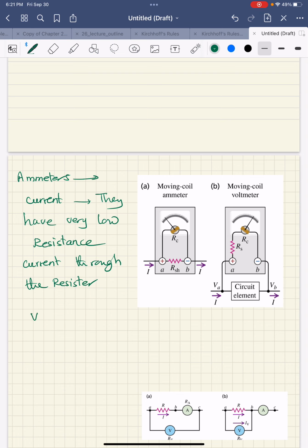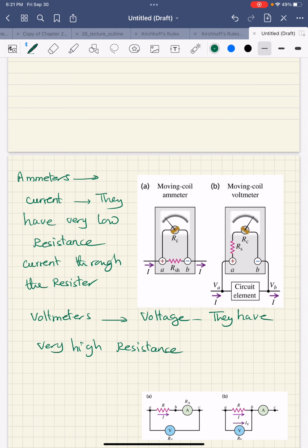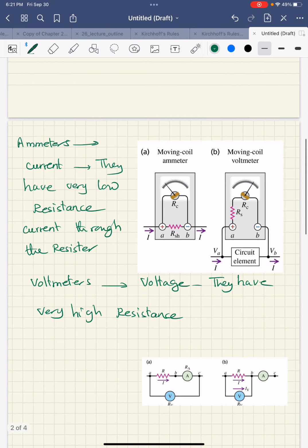But when we talk about voltmeters, on the other hand, they measure voltage or potential differences. They usually have very high resistance, so that they will not have the current going through them, otherwise the voltage is not measured accurately.